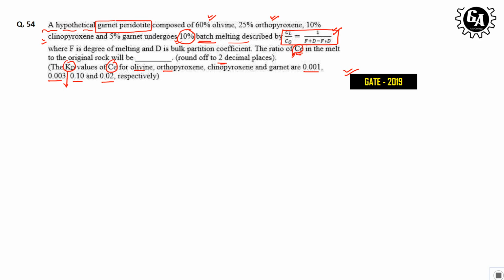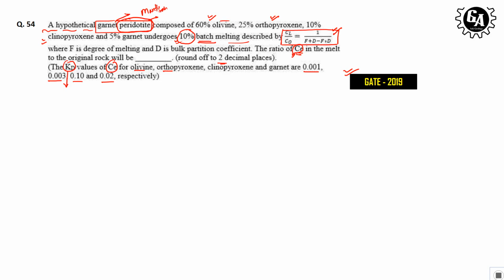Garnet peridotite is, first of all, a mantle rock. In peridotite, the minerals present are olivine, OPX, CPX, and garnet. Peridotite is a type of ultramafic rock. If you remember the triangular diagram where peridotite is present, olivine and pyroxene are the dominant phases.